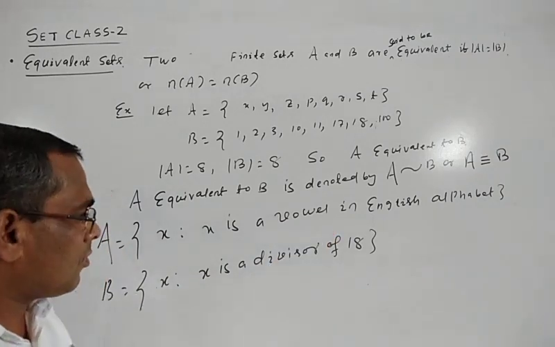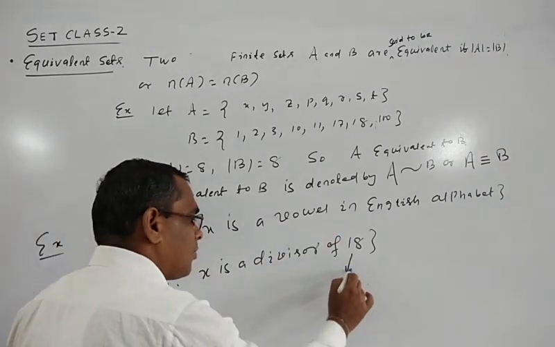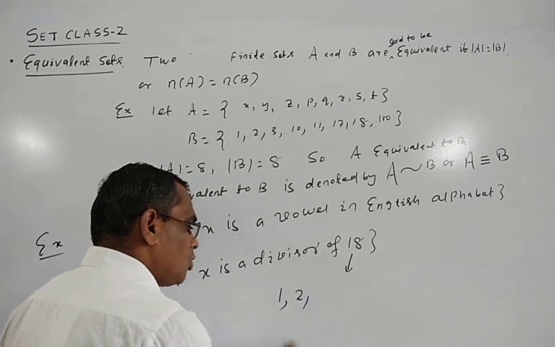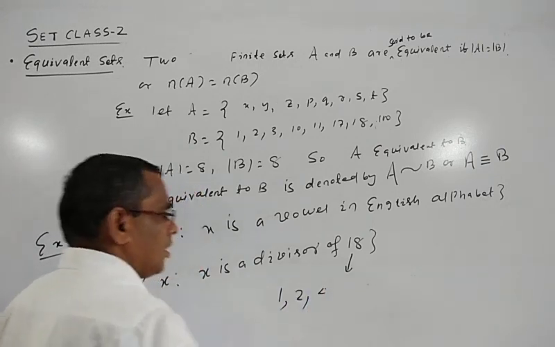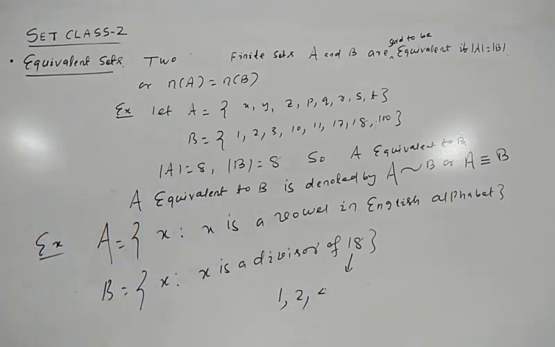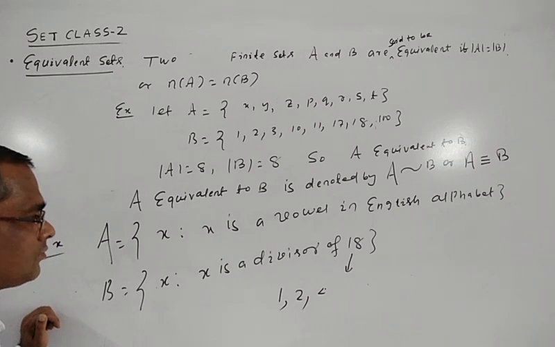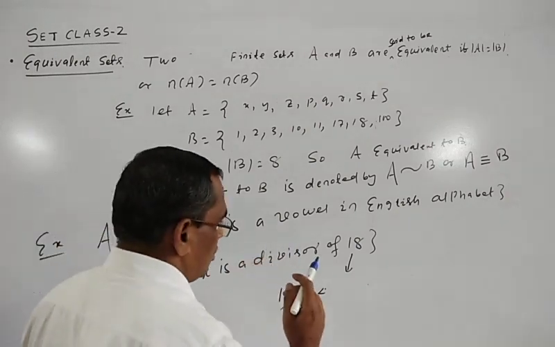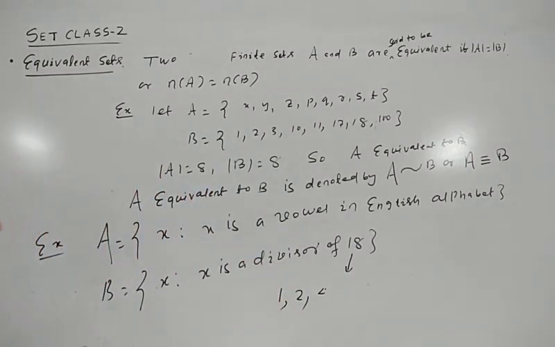What are the divisors of 18? 1, 2, 3 also, and more. So the number of divisors is greater than 5.